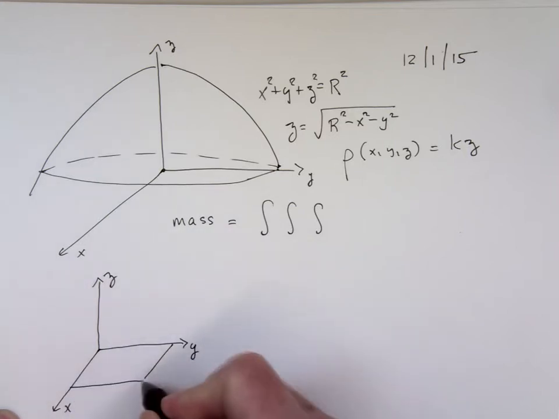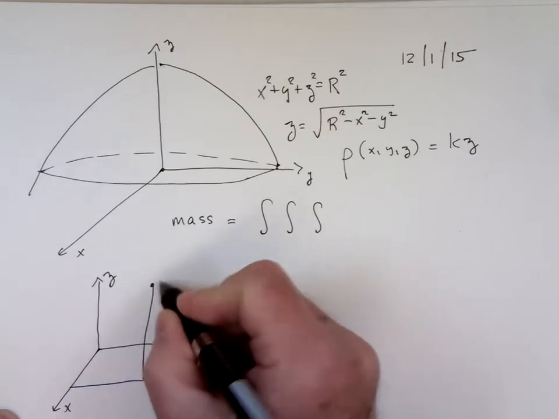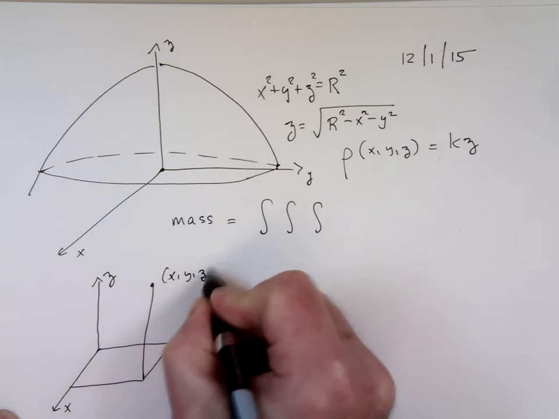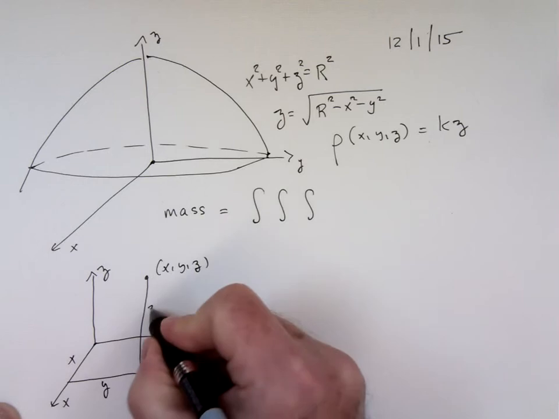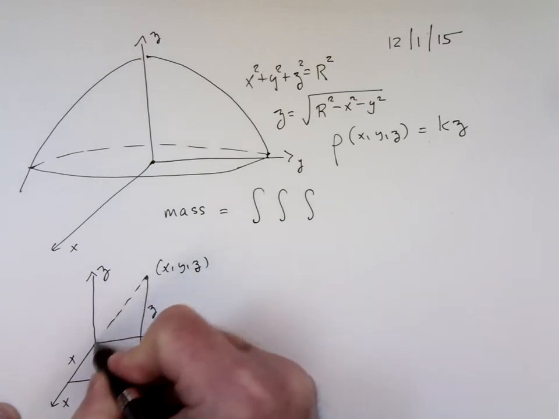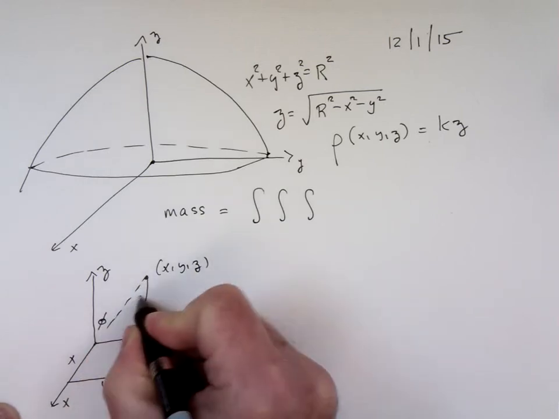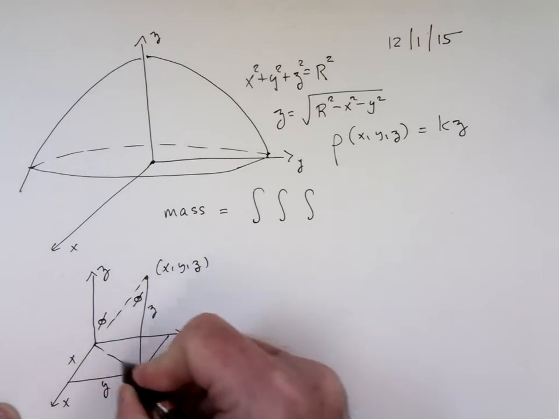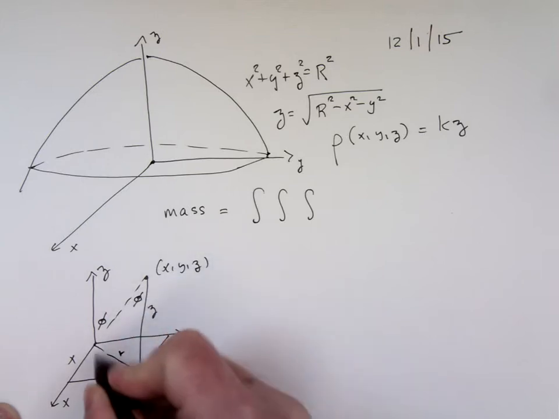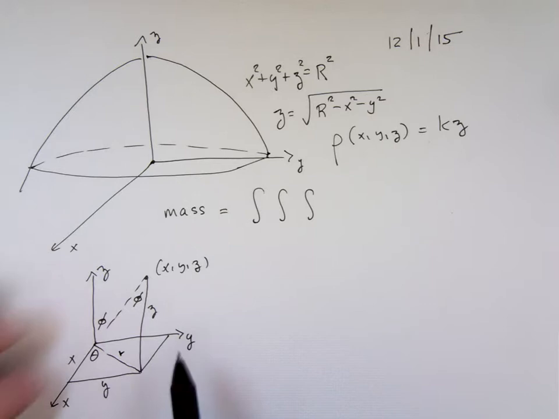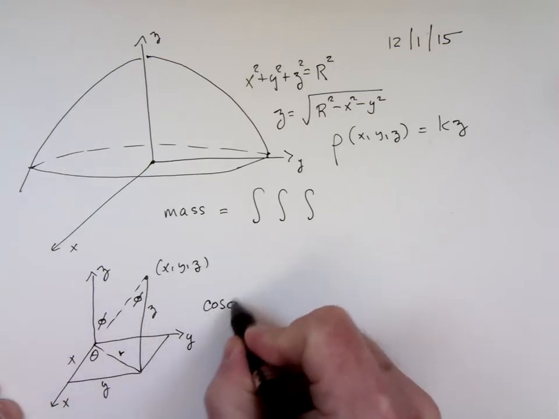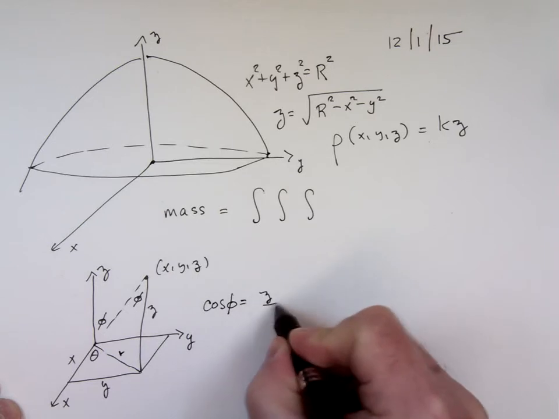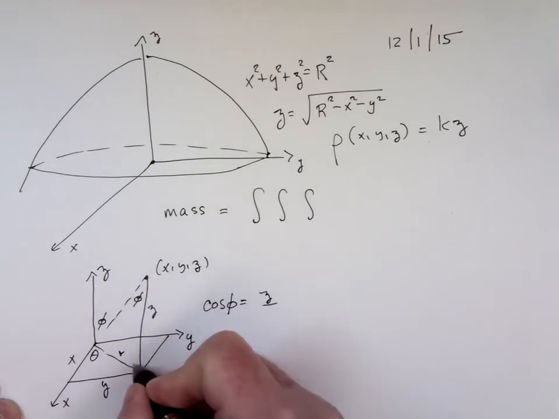When we go from rectangular to spherical, we said that the cosine of phi is equal to z over rho, where this is the right angle.